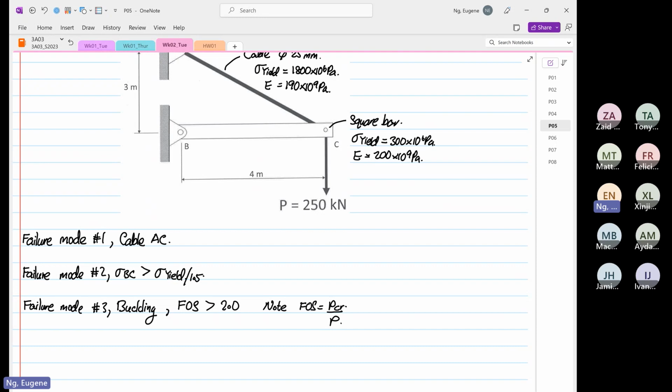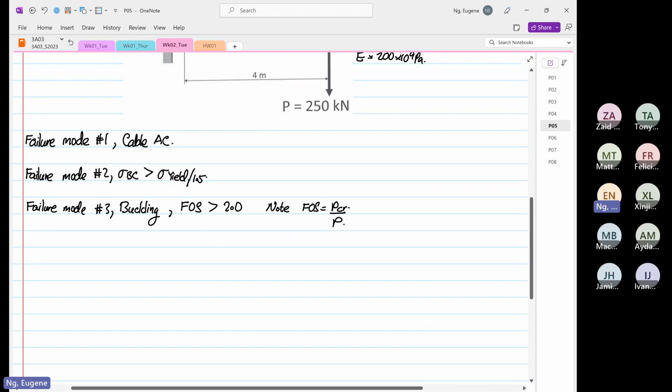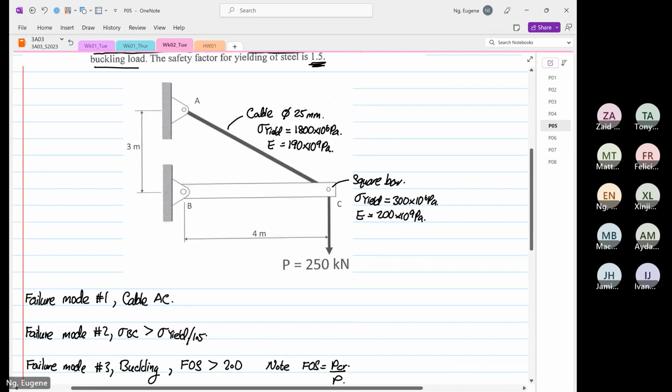So what we're going to do now is carry out thrust analysis. But before we go on, we know AC is going to be under what? Tension. BC will be under what? Compression.